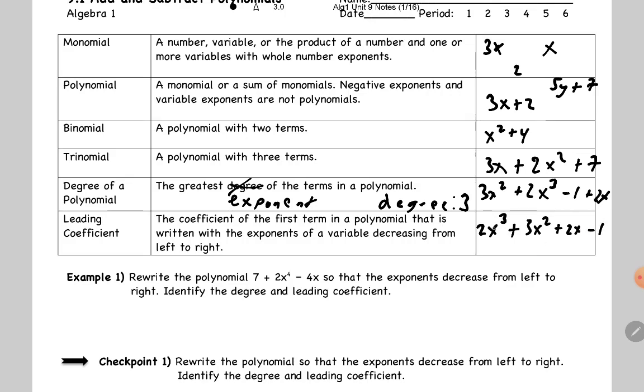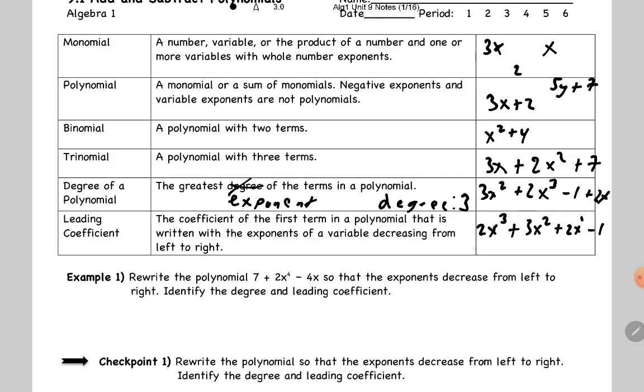See how the exponent of the variable is decreasing from left to right. We have x cubed, then x squared, then x to the first, and then there's no x, which would be x to the 0.